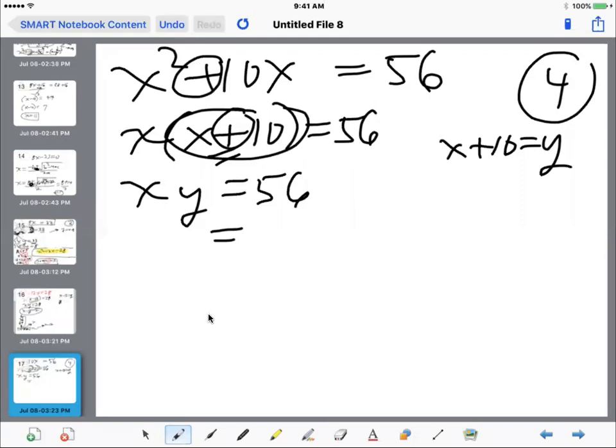Okay, so we see x plus y equals 10. We see x plus y equals negative 10. I'll write in some more: x minus y equals 10, y minus x equals 10.